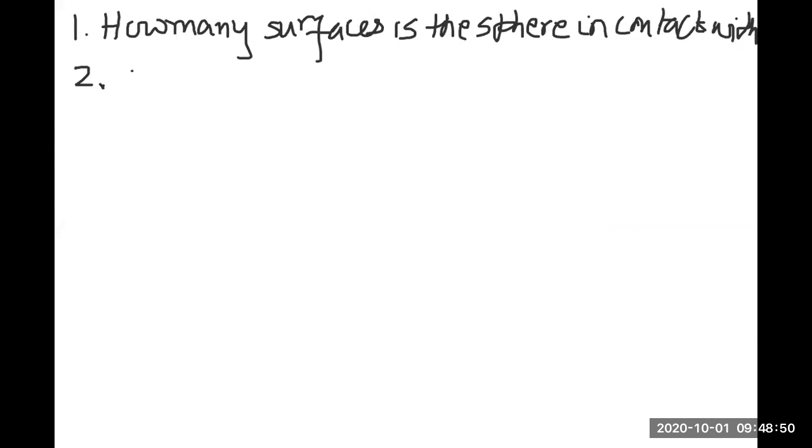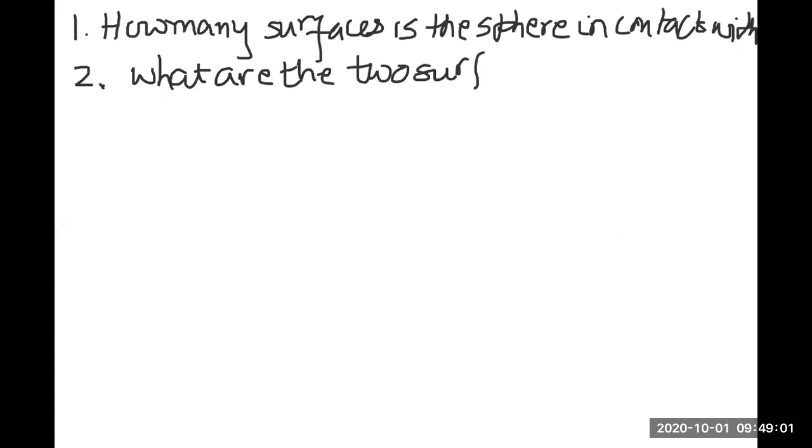What are the two surfaces? Or I can ask, these surfaces belong to what? The surfaces that we are talking about belong to what? And the answer is, of course, they belong to the two inclined planes. Surfaces of the two inclined planes, right?